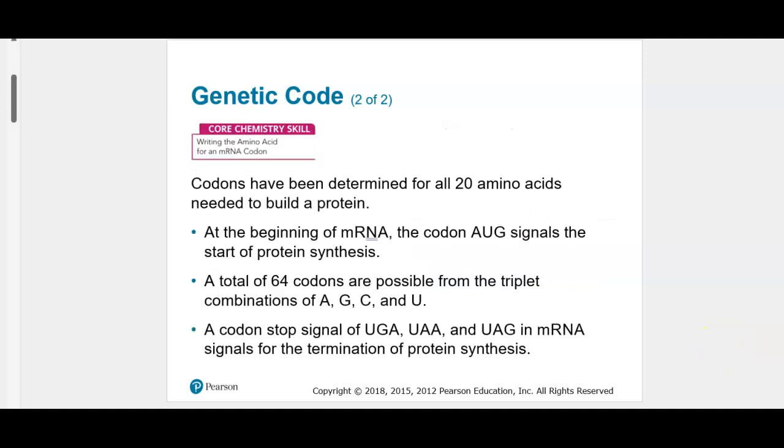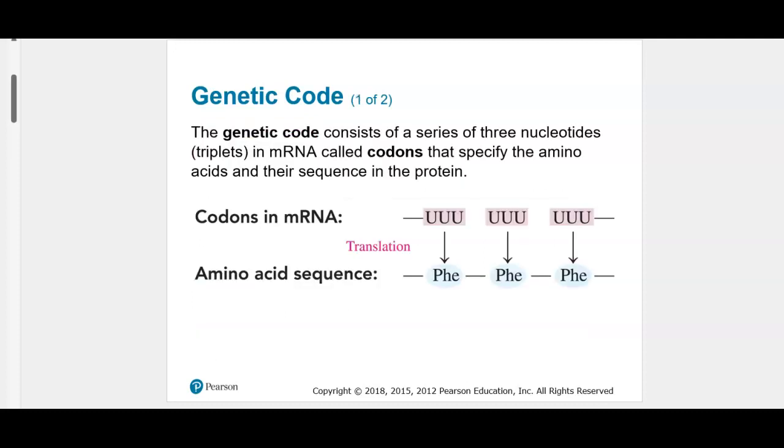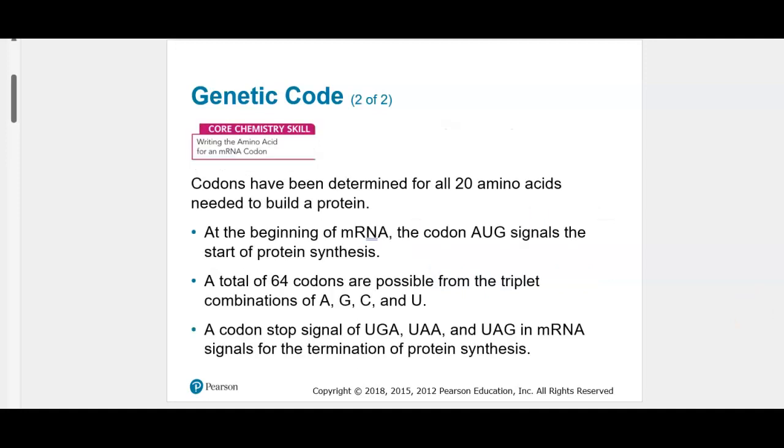Now, this is actually a rather interesting situation, because I put a post on the discussion board on this. You're going to see that I did mention a start codon, and I'll pick that up when I go to the next slide after this one. The codons have been determined for all 20 amino acids, and the AUG signals the start of protein synthesis.